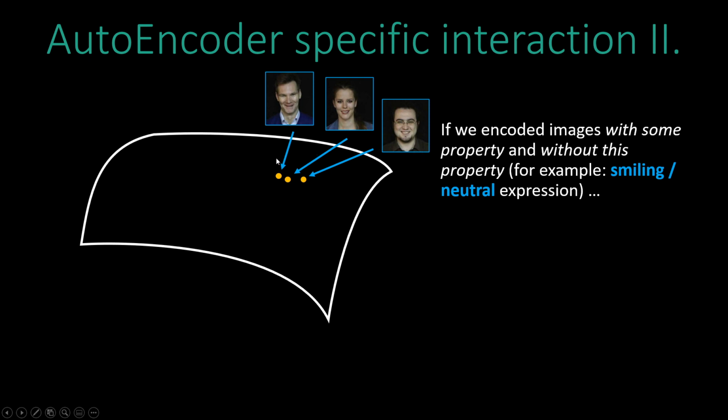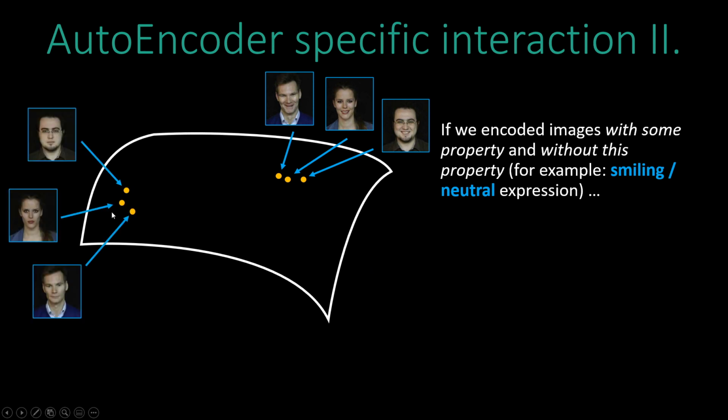Well, if we encode these images, we will see that in this high dimensional space, maybe they are dropping somewhere near each other, somewhere here. And if we encode other types of images, let's say from the category of not smiling faces, they would fall in this other part of the high dimensional space.